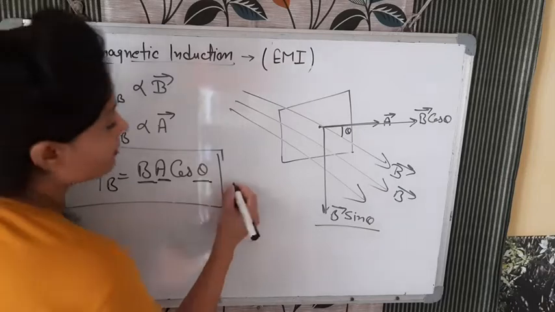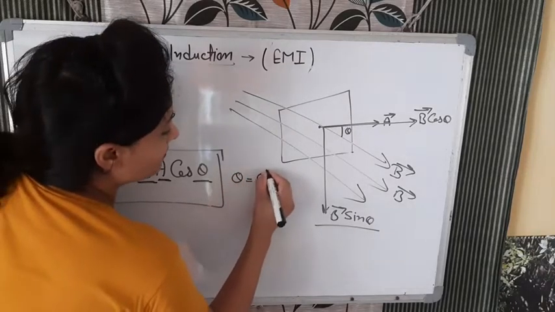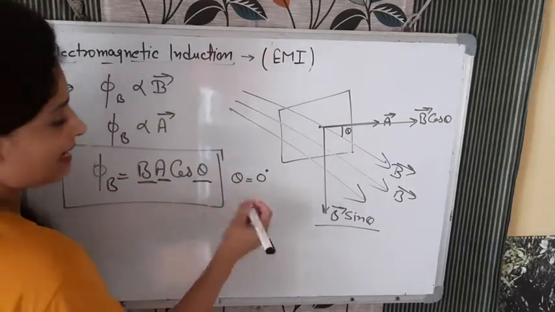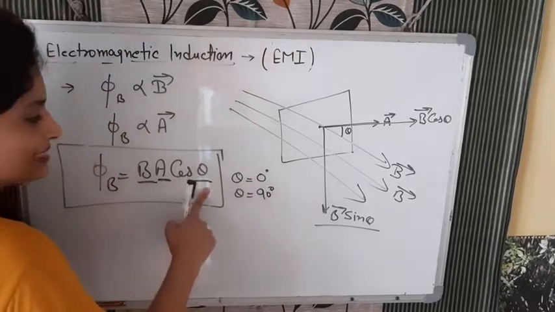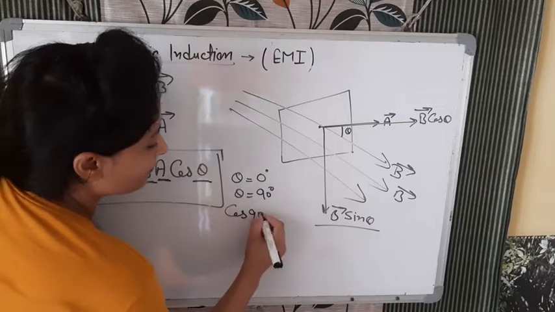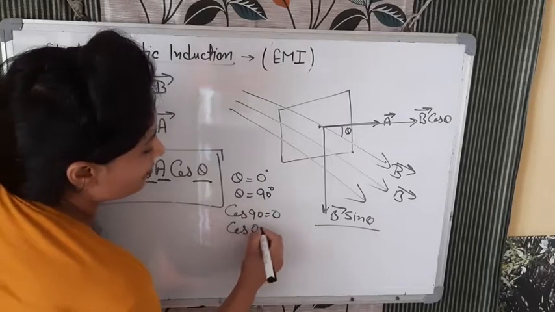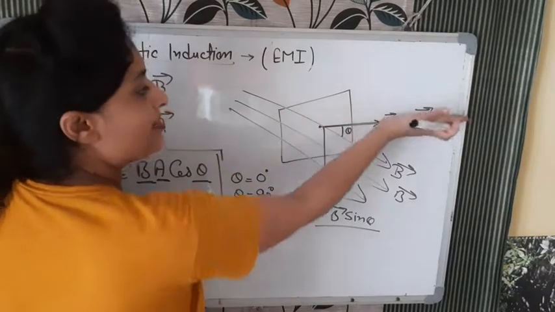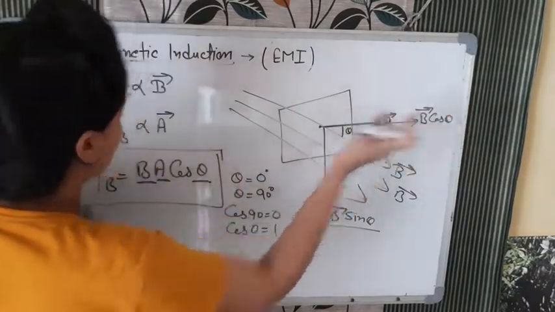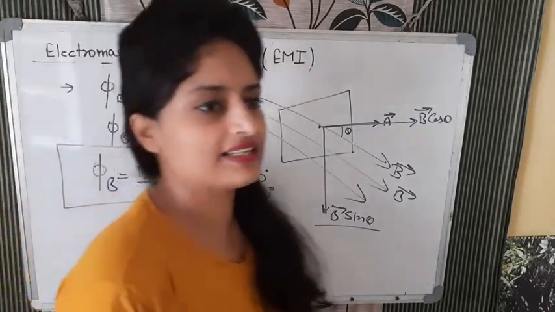If theta is equal to 0, it will be maximum, and if theta is equal to 90 degrees, it will be 0. Cos 90 होता है 0 and cos 0 होता है 1. Okay, so when angle is 0 between them, it means magnetic field lines are also crossing perpendicular. So magnetic flux will be maximum in that case.